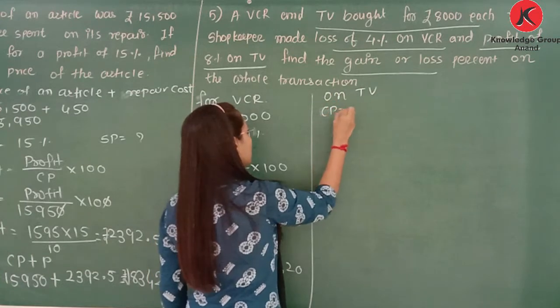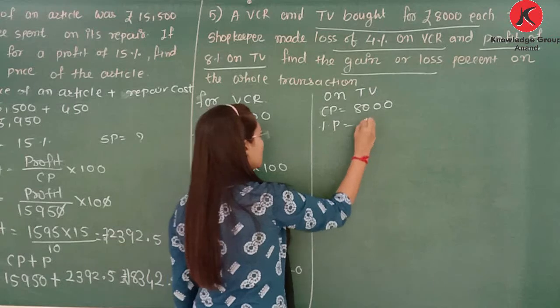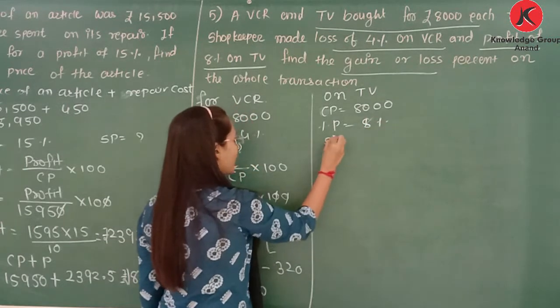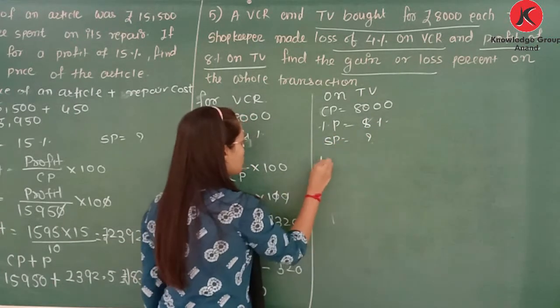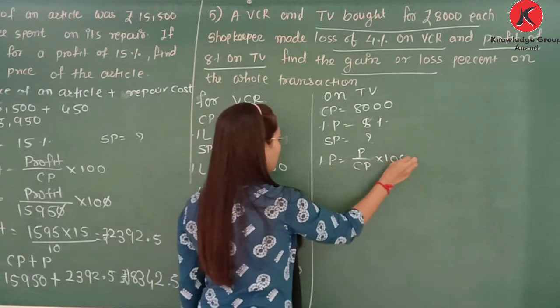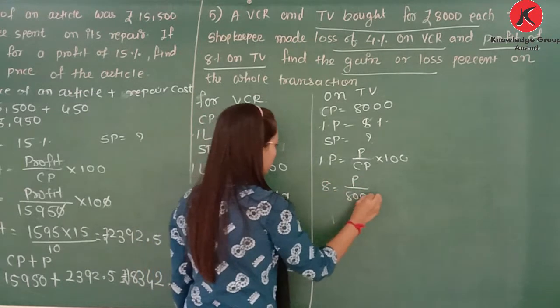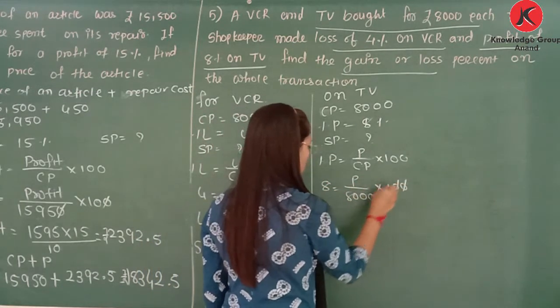Now on TV, cost price is same, 8,000, percentage profit is 8% and we need to find the selling price. So percentage profit is equal to profit divided by CP into 100. Profit is 8%, CP is 8,000 multiplied by 100. So 0 0 will be cancelled.